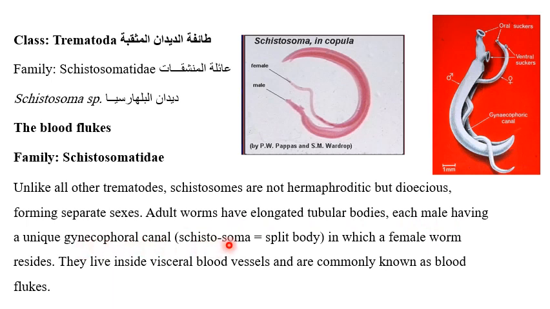Schisto means split, soma means body. Schistosoma means split body, بمعنى انه تسمى schistosoma باسم المشقوق, in which a female worm resides. They live inside visceral blood vessels and are commonly known as blood flukes.